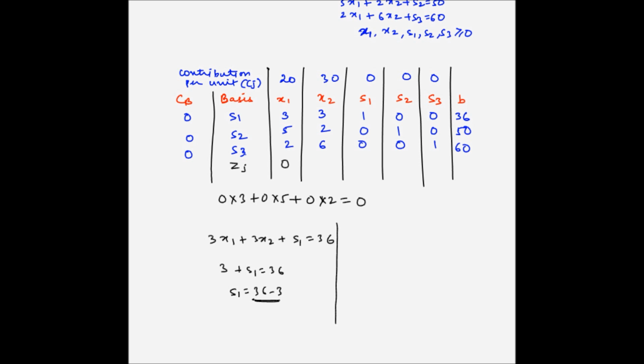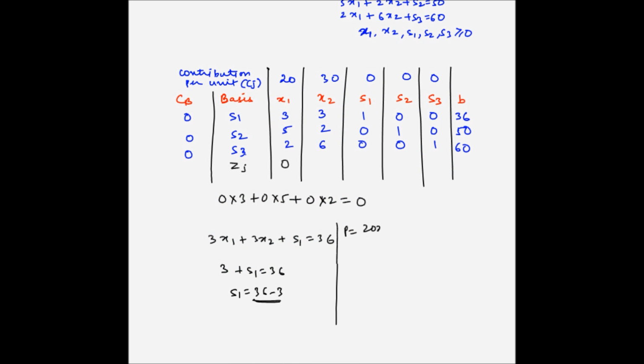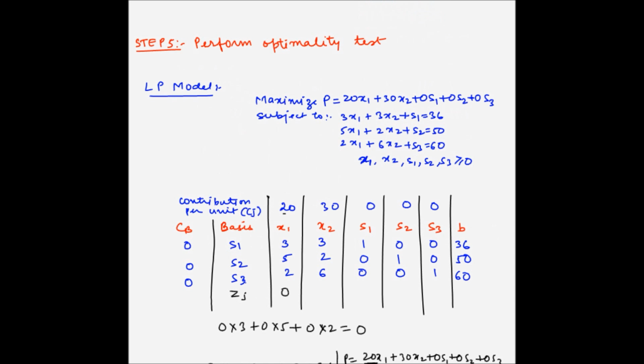Now the objective function P is equal to 20x1 plus 30x2 plus 0s1 plus 0s2 plus 0s3. Now with Zj we are only concerned with the reduction, so we will not add 1 here in 20 multiplied by x1, because that is the addition to the profit, and that is already referenced in the Cj column.